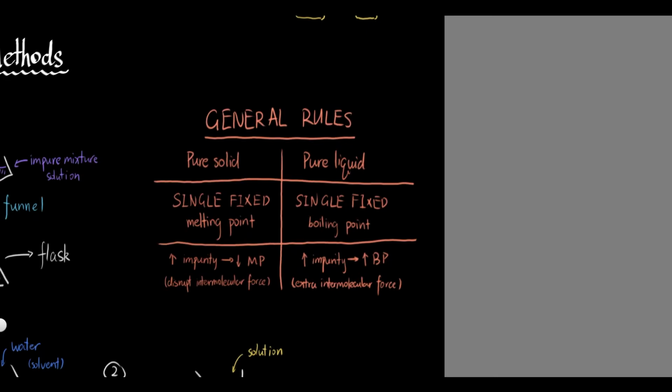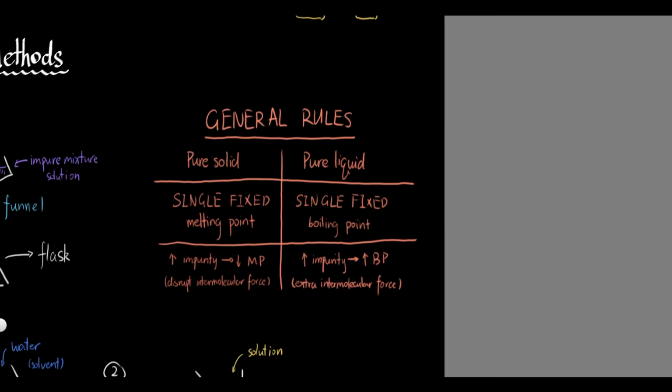The intermolecular pattern is very regular. But if you have some impurities inside it, it will disrupt that very strong intermolecular force, making it more susceptible to being separated. So that's why it would have a lower melting point.